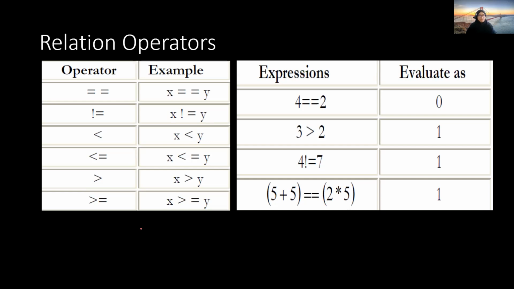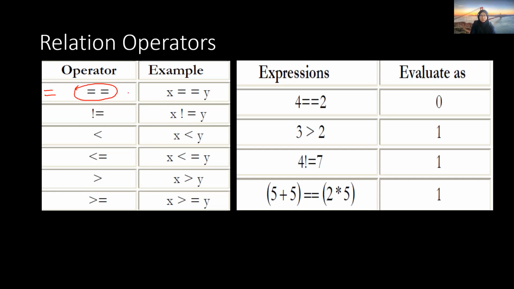All right, now, what does it mean by relation operator? This is easy to understand, but usually students are confused about this one, the double equal sign and the single equal symbol.